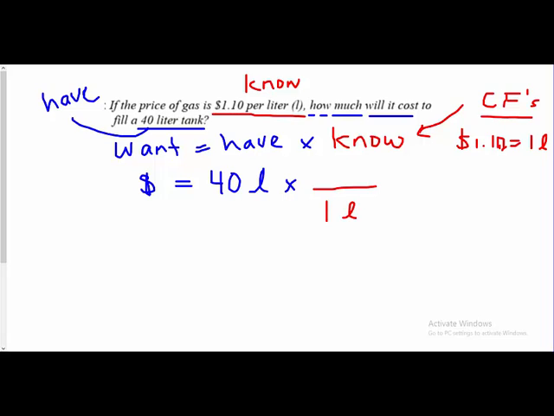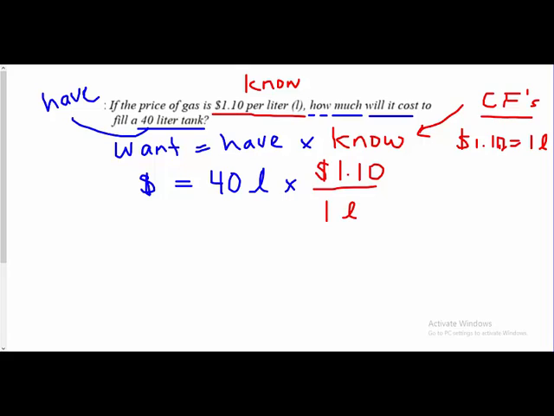In other words, liters divided by liters is 1, okay? And those units will cancel. So that helps me identify which way I want to put that conversion factor in. I always want to put it across from the units that I'm trying to cancel. I'm going to put the other half of the conversion factor, $1.10, up on the top in the numerator.